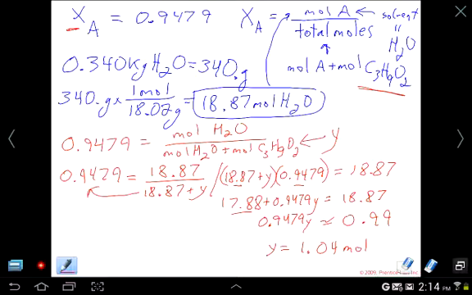So all that we have left to do is convert from moles to grams, and this is again C3H8O2. So finally, let's finish the problem here by converting from moles to grams. 1.04 moles.